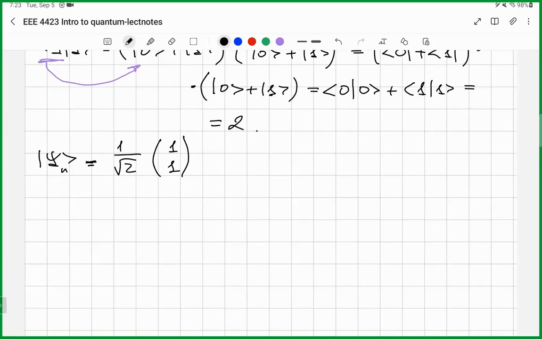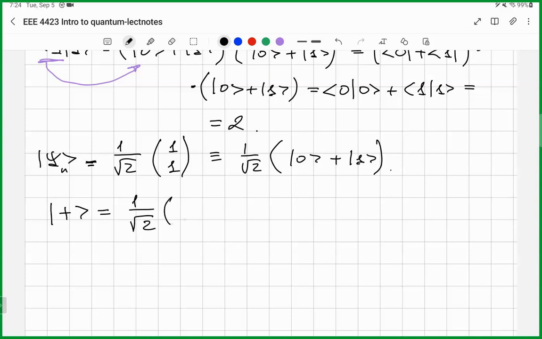So this is also the same as 1 over square root of 2, 0 state plus 1 state. And this vector is interesting because it can be used as a vector of another basis. This vector bears the name plus, ket plus, equal to 1 over square root of 2, 0 state plus 1 state, okay?